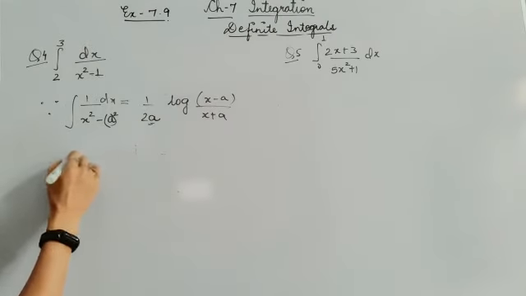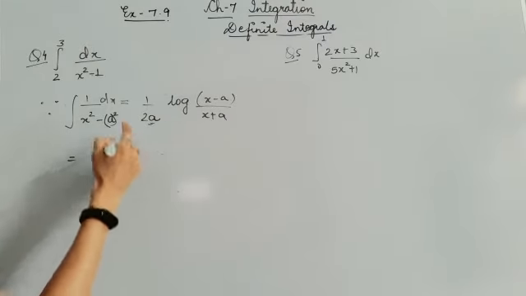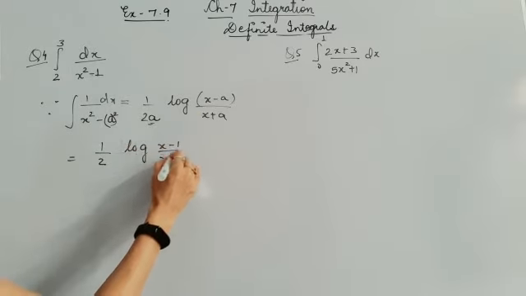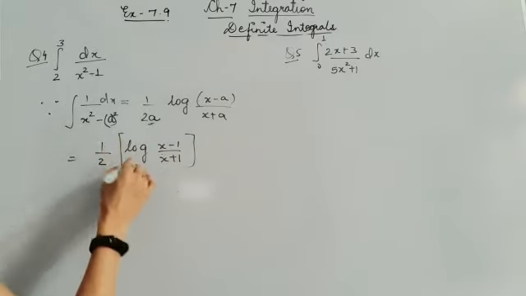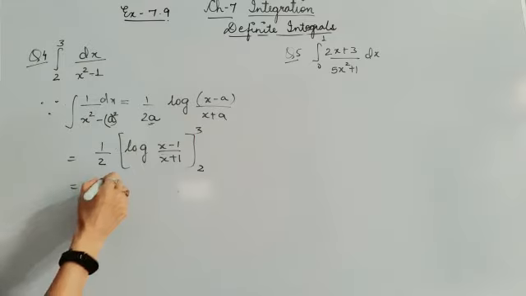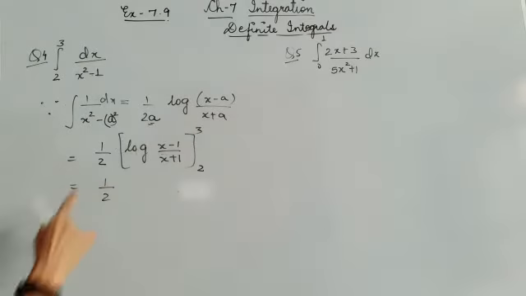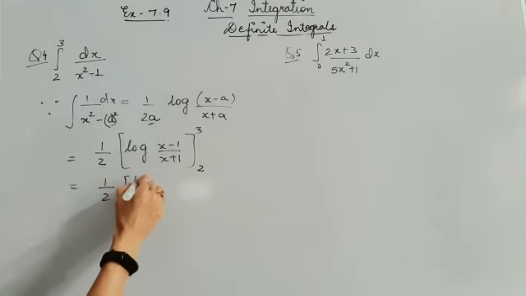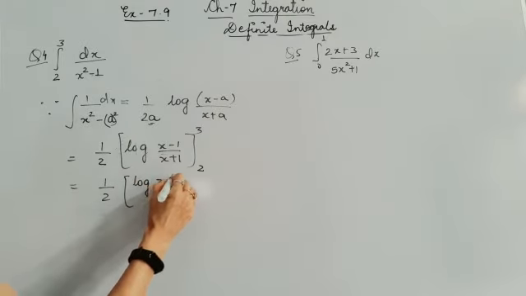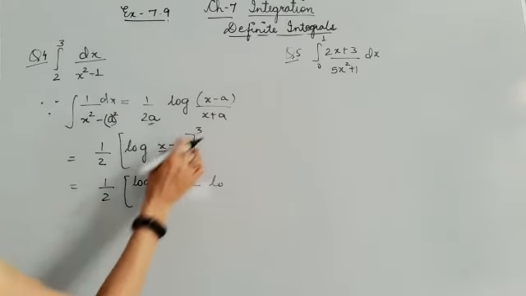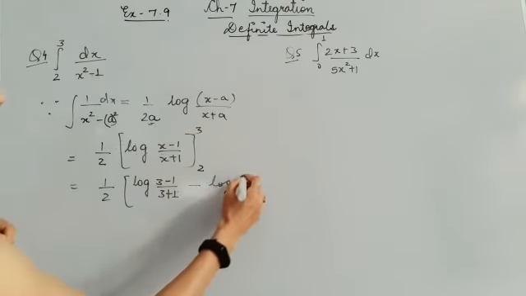So you will get it as 1 by 2 log of x minus 1 upon x plus 1, but then you have to put the limits also, 2 to 3. Now this half is a constant value, so it will be like this. Now you will be applying this upper limit, so it will be log of 3 minus 1 upon 3 plus 1 minus, and then you will be writing lower limit.